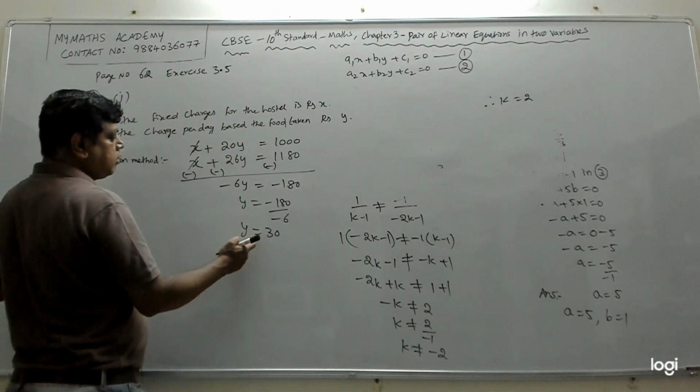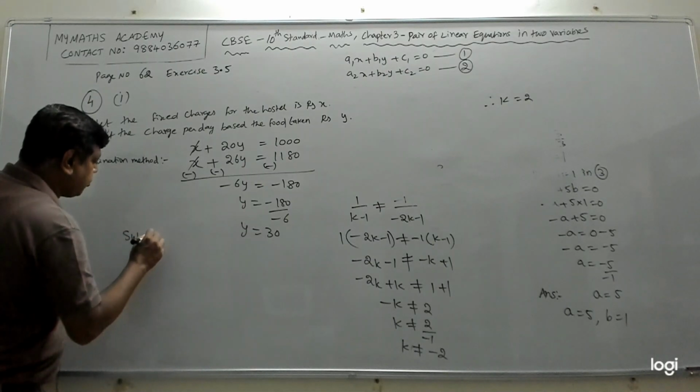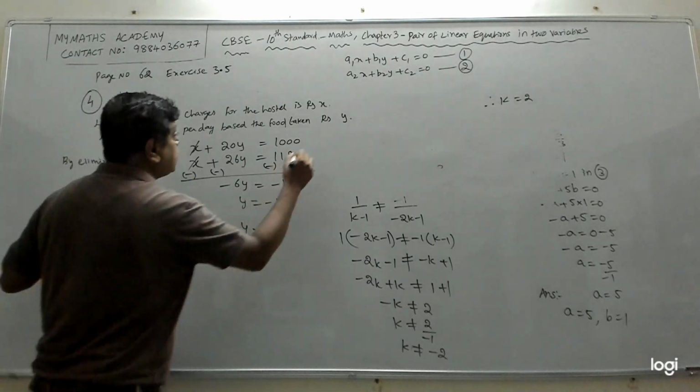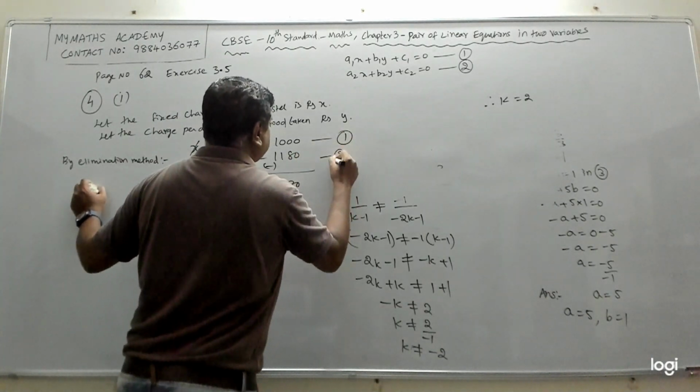Now substitute y equal to 30 in any one of the equations. We will substitute it in equation 1. So this is equation 1, this is equation 2.